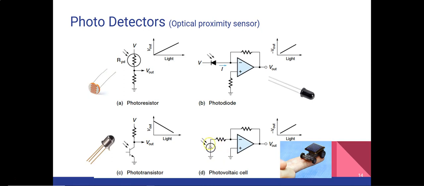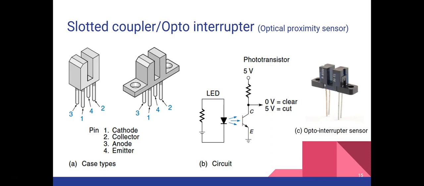So we saw all these 4 optical proximity sensors, and these are the symbols for these sensors, and corresponding to these are the real pictures of the sensors. Now let's see the opto interrupter, which is a special type of optical proximity sensor.